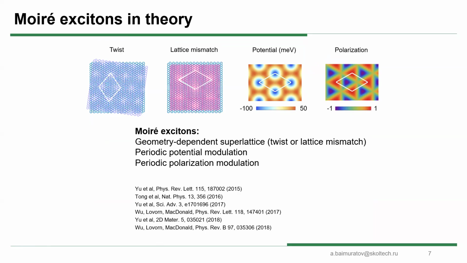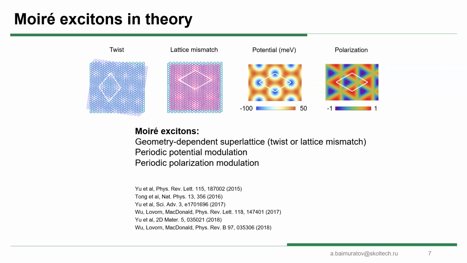Continuum models will work very badly. Here I will use the idea that it's not only geometry, but you can also introduce periodic modulation of potential for electrons and holes, and I will introduce it mostly for excitons. Everything would be mostly an excitonic picture, with an excitonic effective Moiré potential.